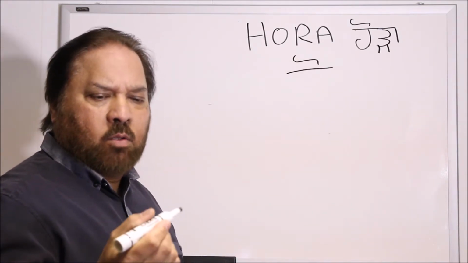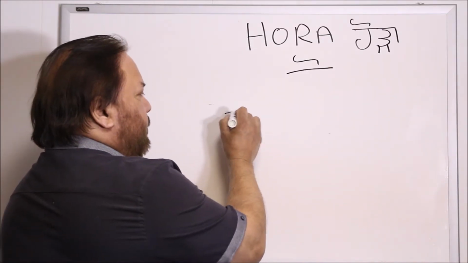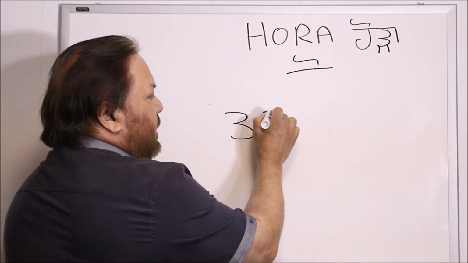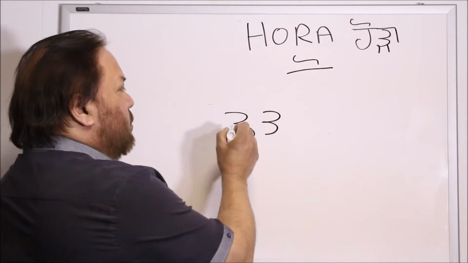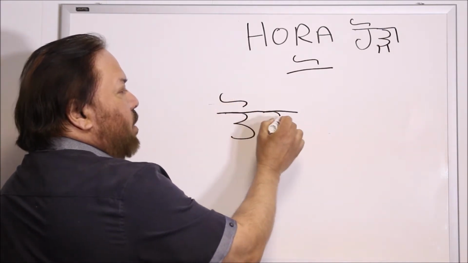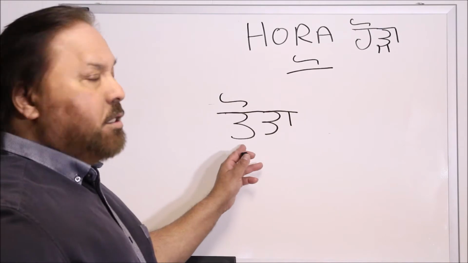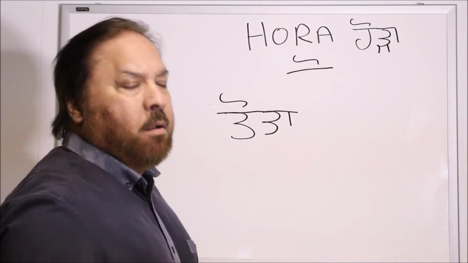So you remember the sound tata. This is again tata, which doesn't make any sound by itself. But if we put Hora on the top, kanna, this becomes tota, which is a parrot.